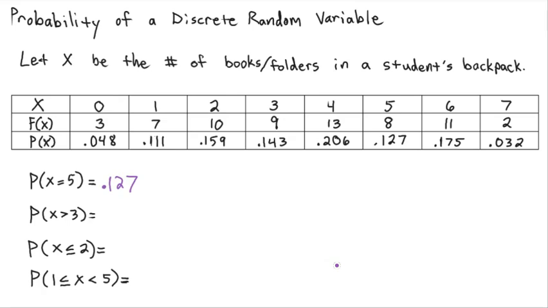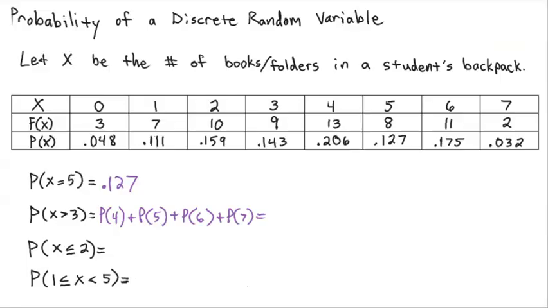Okay, and so this is going to be equal to the probability of 4 plus the probability of 5, which we just got right here, plus the probability of 6, plus the probability of 7. So that's going to be 0.206 plus 0.127 plus 0.175 plus 0.032, which we can do in the calculator real quick.